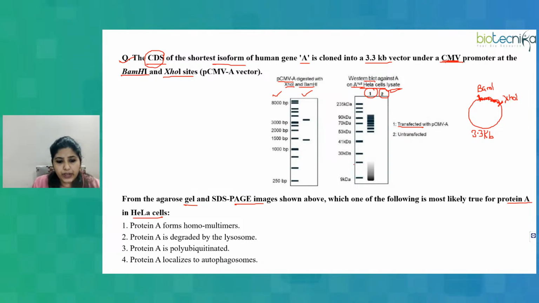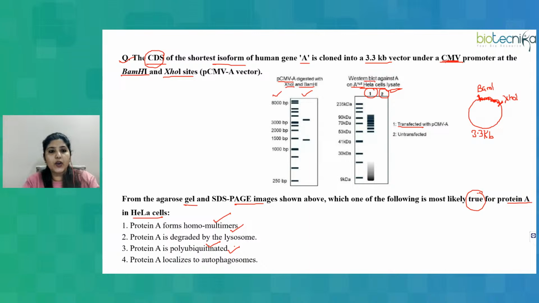So you have to analyze these two figures given, and based on that, answer the question. You have to find out which of the following is most likely true for protein A: that protein A forms homomultimers, or it is degraded by lysosome, or it is polyubiquitinated, or it localizes to autophagosomes. Again, I'm giving you some time. Please solve this question. Some of you have already answered.